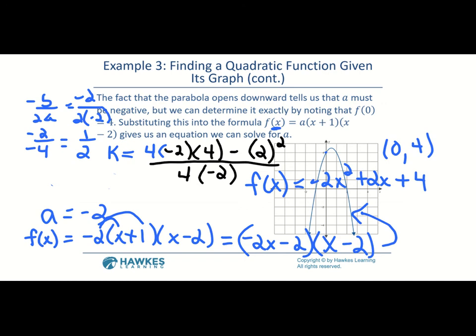So that is going to give me, for k, 4 times -2 is -8. -8 times 4 is -32, minus 4. So we have -32 minus 4 over -8. So we end up with -32 minus 4, so it's going to be -36 divided by -8.